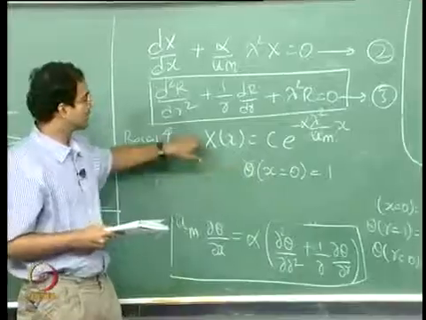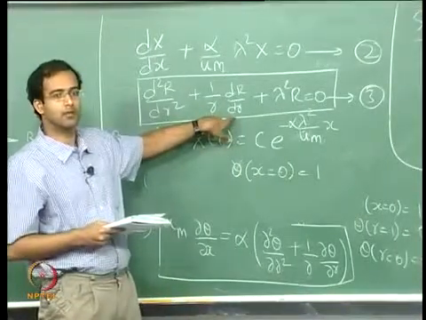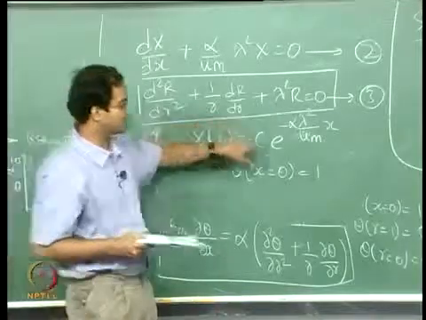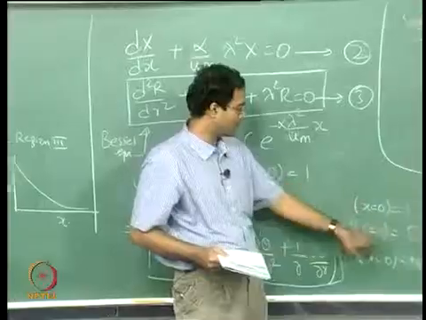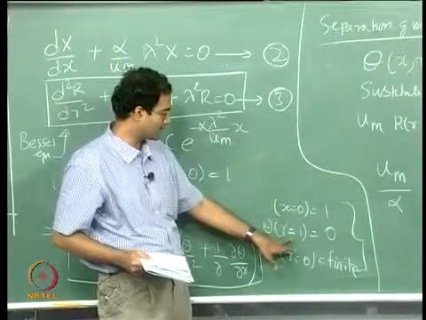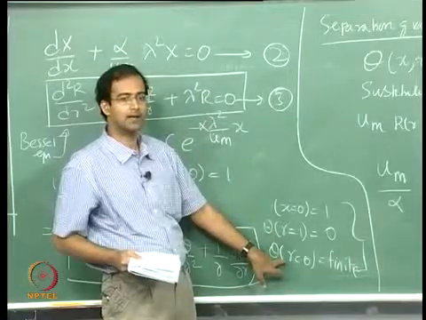Now if you look at this problem, we can apply boundary conditions directly because they are homogeneous boundary conditions. Already we know that theta equal to 0 at r equal to 1, and it should be finite at r equal to 0.